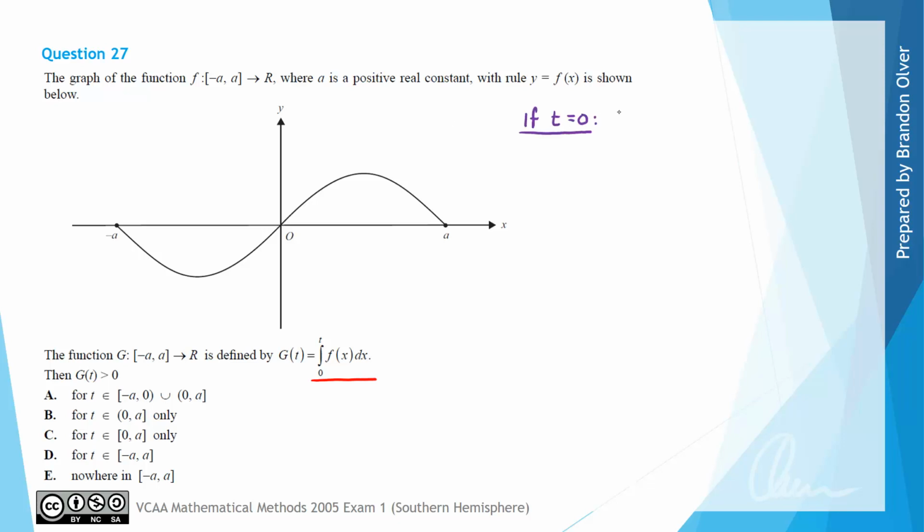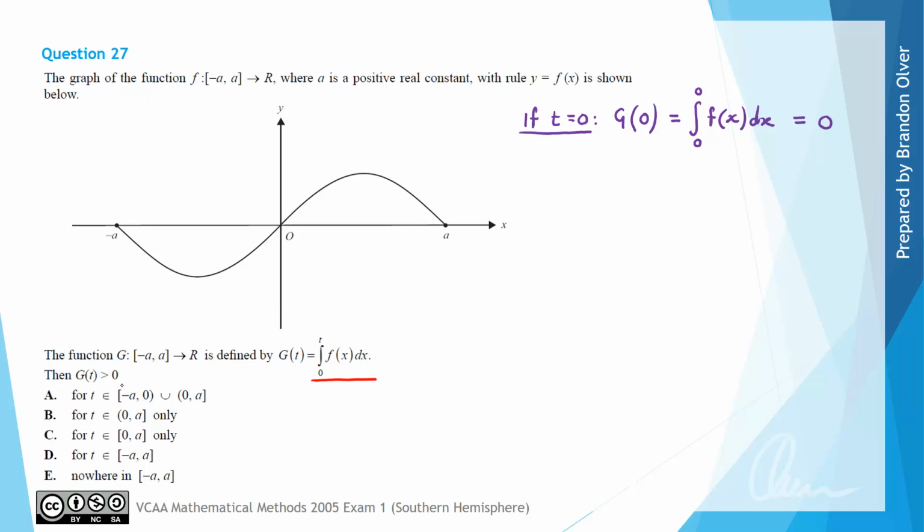So if t equals 0, then g of 0, which is the function that we're investigating, is going to be equal to the integral between 0 and 0 of f of x dx. However, if we integrate between the same terminal, so from 0 to 0, the area under that curve would equal 0.